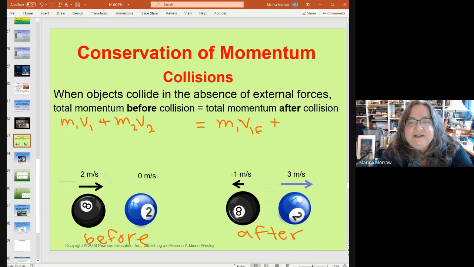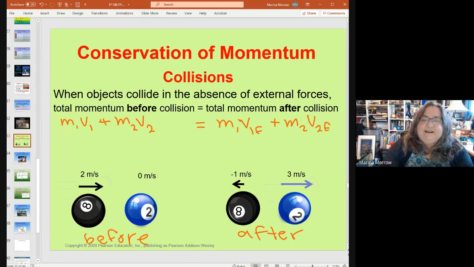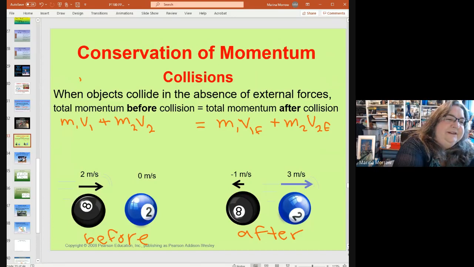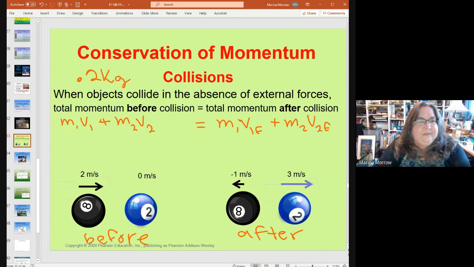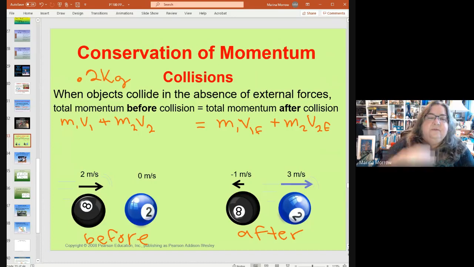The masses haven't changed, just the velocities. So we need to know what those final velocities are, which we have. Now those masses should stay the same. I'm going to make the ball 0.2 kilograms because a lot of balls are around that mass. So all the balls are going to have the same mass. So let's see what happens.